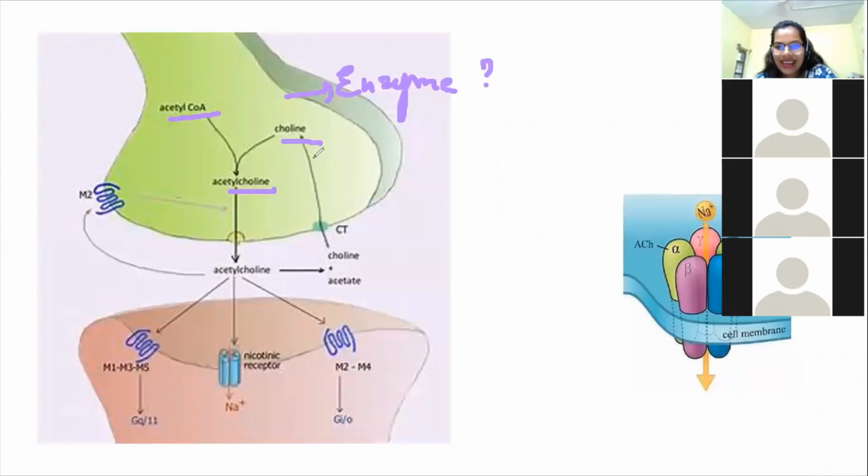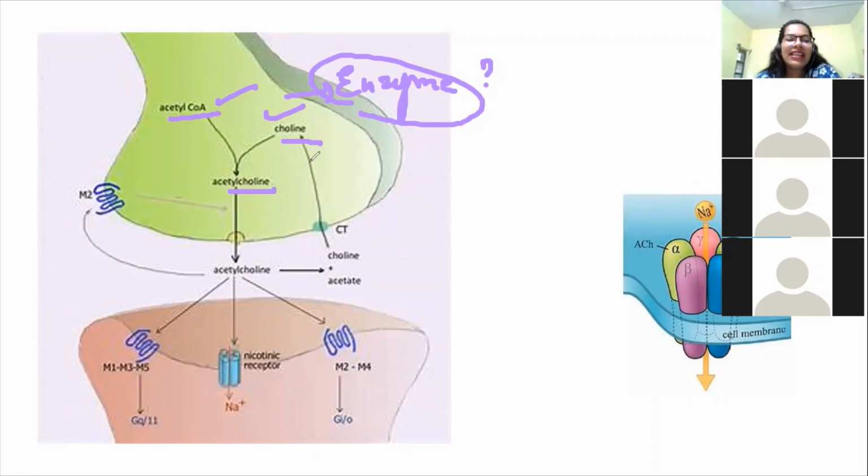I didn't hear. What is the name of the enzyme which synthesizes acetylcholine from acetyl-CoA and choline? Choline acetyltransferase, ma'am. Okay, good.